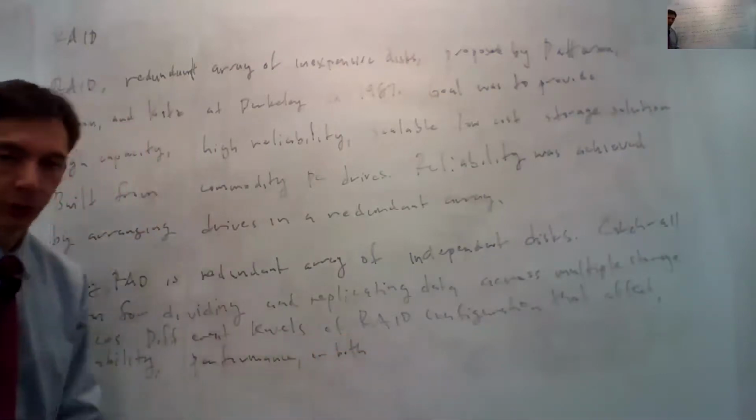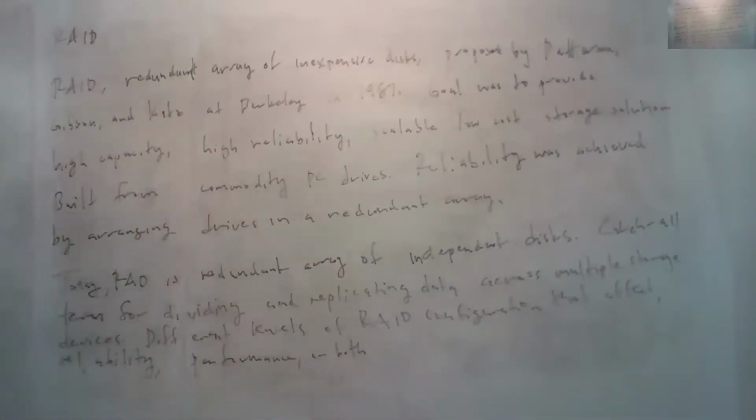So you hear about things like RAID 1, RAID 2, RAID 5. They all have different characteristics, and some of them are designed to improve reliability, survivability in the face of a disaster. Some of them are designed to improve performance, and most of them are designed to improve both.